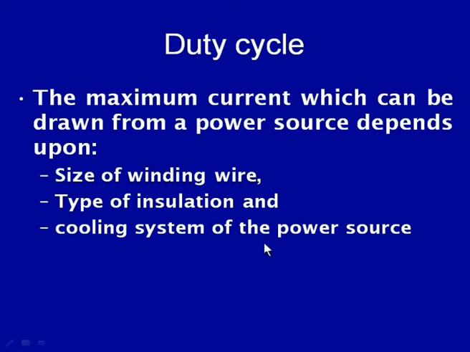So, if the cooling system is effective, if the insulation is good, and the size of the wire is big, which offers lesser resistance for the flow of current, then as a whole, first, electrical resistance heating will be reduced; then the capability of the insulation to withstand the heat will be more; and third, the temperature will be maintained within limits if the cooling system is effective.